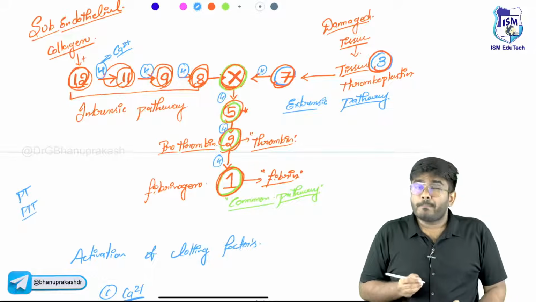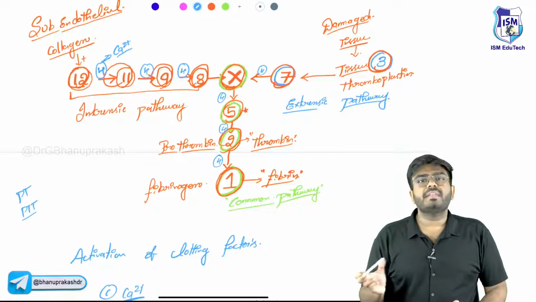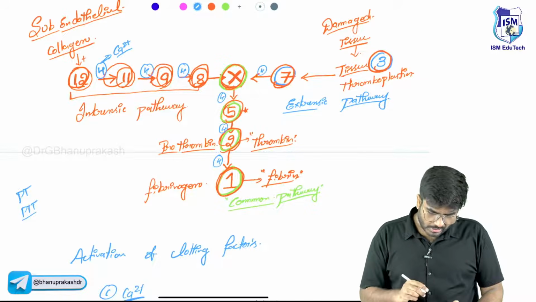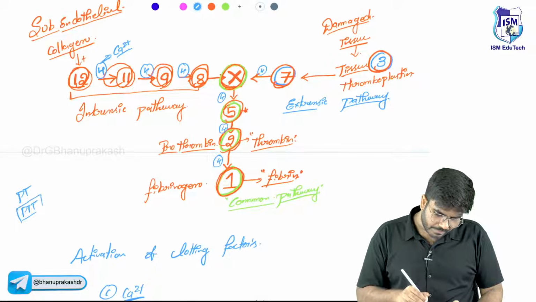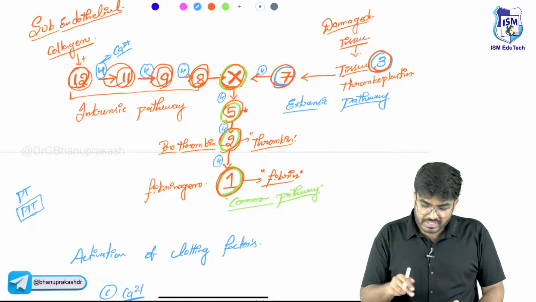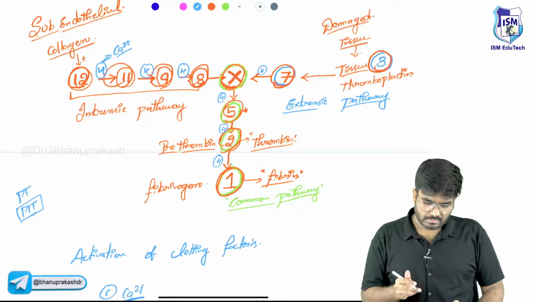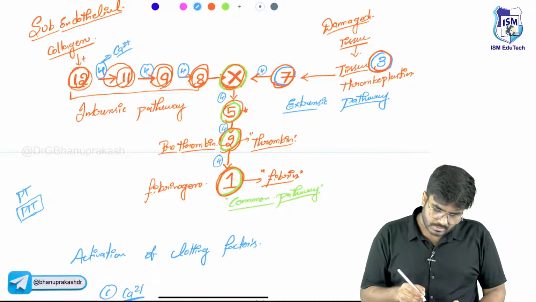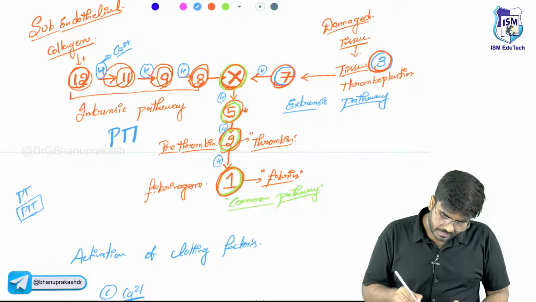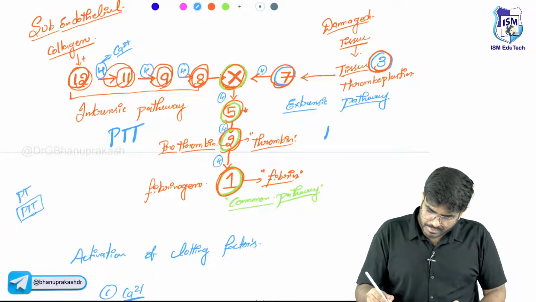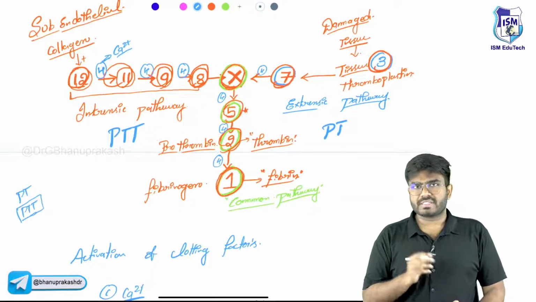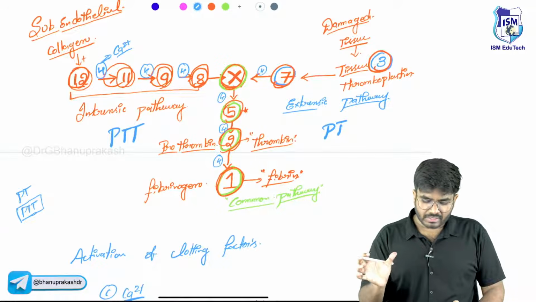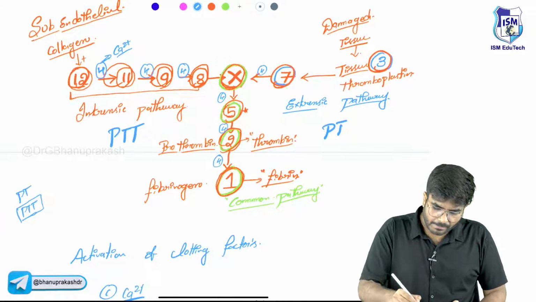PT measures which pathway, PTT measures which pathway? The name PTT is bigger, and the intrinsic pathway is bigger, with so many factors: 12, 11, 9, 8. So PTT measures the intrinsic pathway, PT measures the extrinsic pathway.